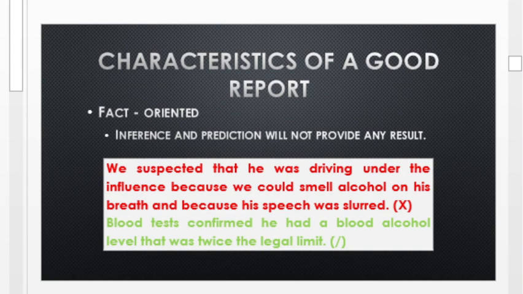If you look at the examples we have here, we cannot simply accuse that person of being drunk if not tested. Yeah?